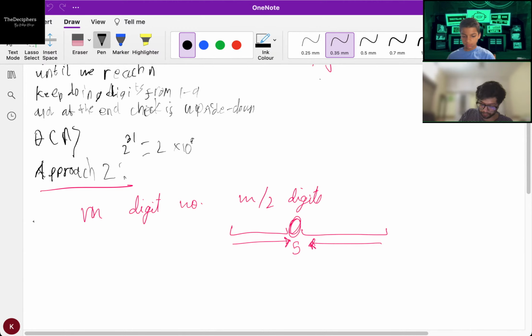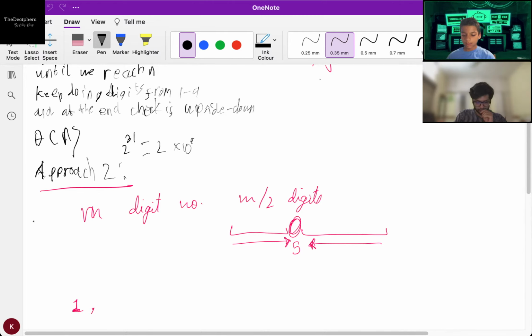Now, how many numbers are there with this property? How many one-digit numbers are there? Just one, I think just 5. How many two-digit numbers are there?